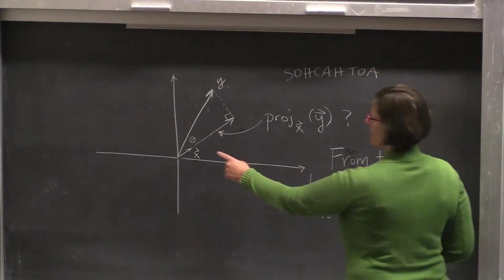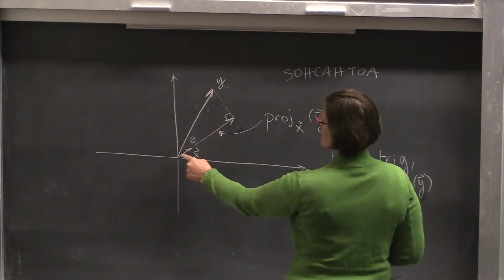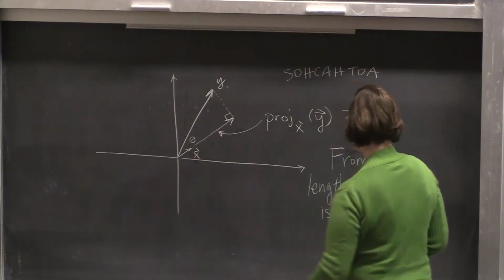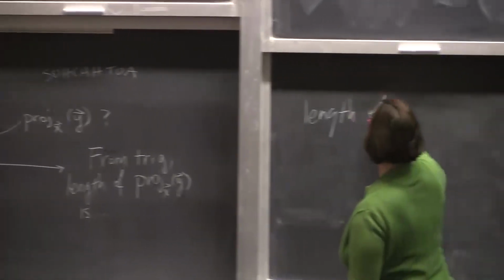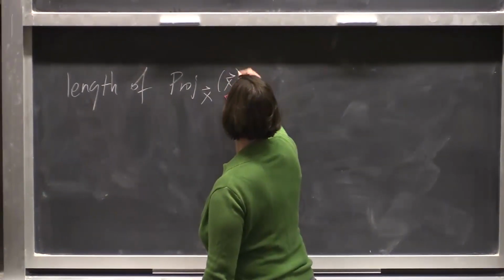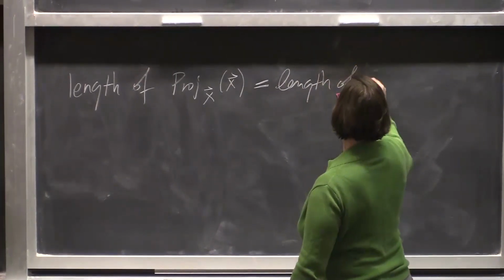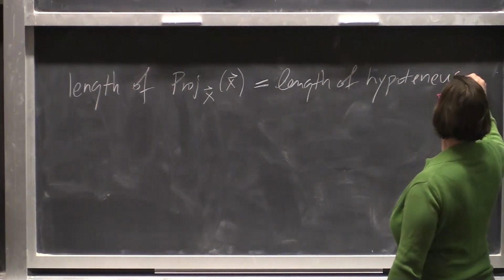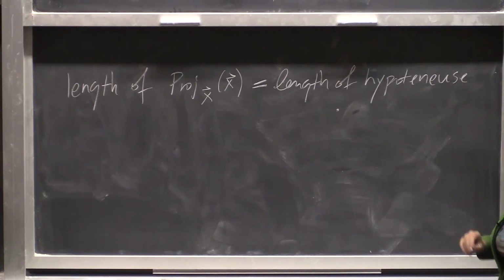If you knew this angle, and if you knew this hypotenuse length, could you get this length? Yes. So I know that the length of the projection onto x of y is equal to the length of the hypotenuse times what? Cosine theta.